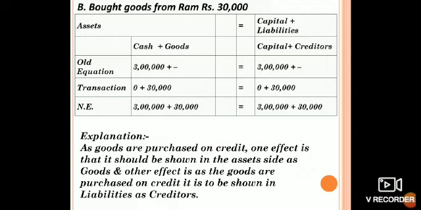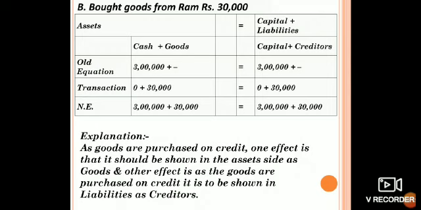In that case, 30,000 should be added in goods under the asset side, and that 30,000 is a liability as we have to pay to the creditors. So it will be shown under the liability side as creditors.